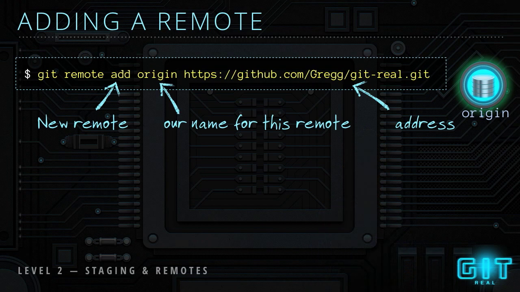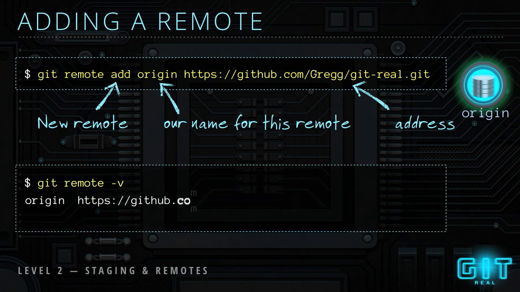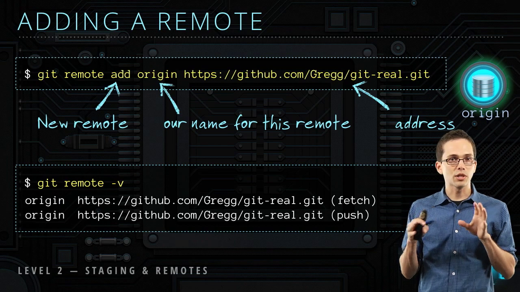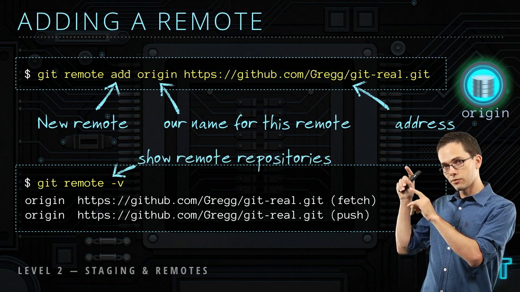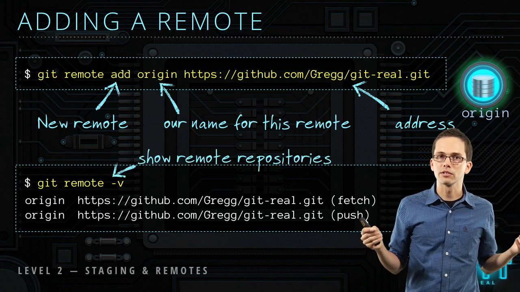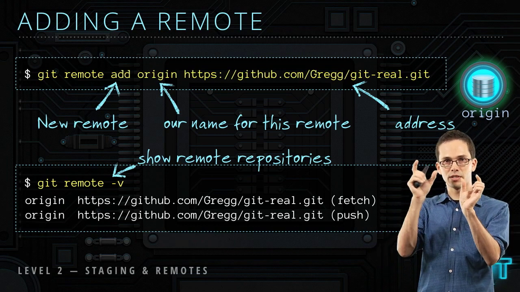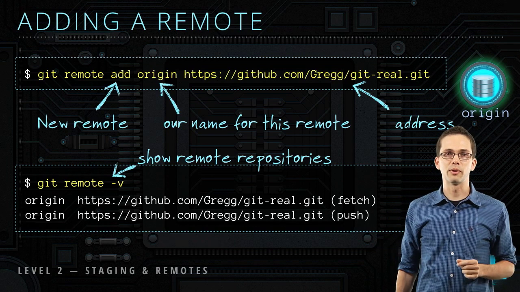To get a list of all the remotes that our local Git repository knows about, we can simply run git remote -v. Now, we haven't actually pushed our repository. These remotes are kind of like bookmarks, right? We're just bookmarking that this origin refers to this URL, and we might have multiple repos.